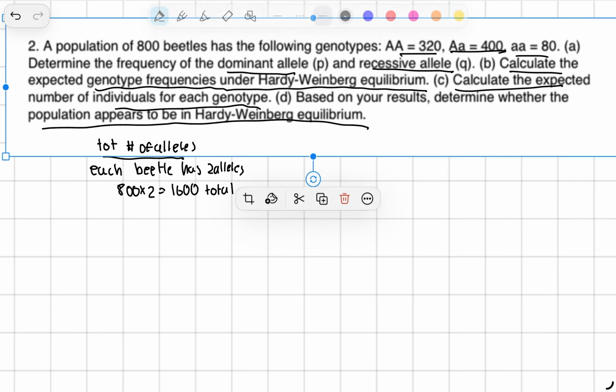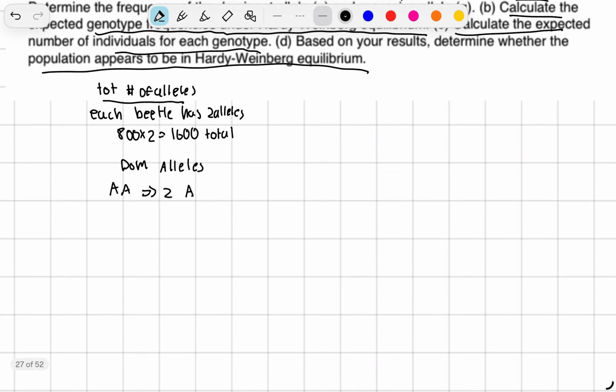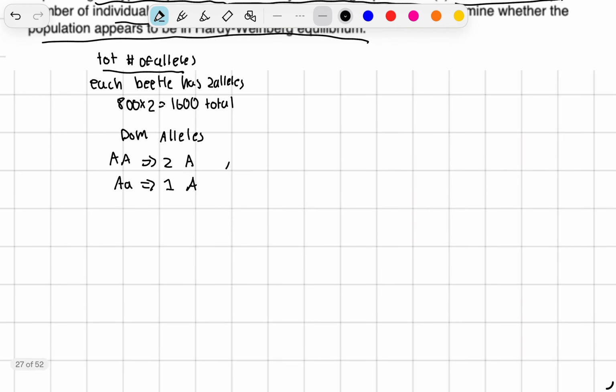After this, we have to find all of our dominant alleles. AA is going to contribute 2 capital A alleles, and Aa is going to contribute 1 capital A allele. So we have A equal to 2 times 320 plus 400, which is 640 plus 400.